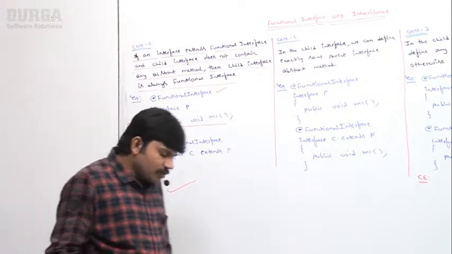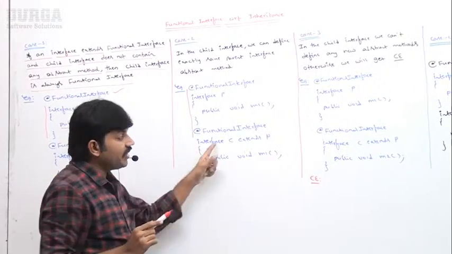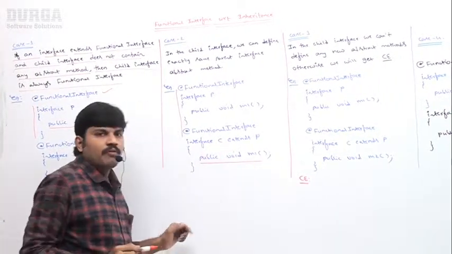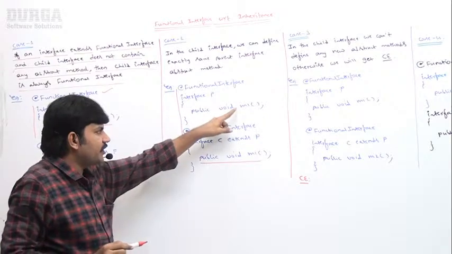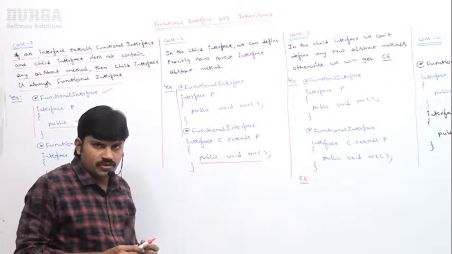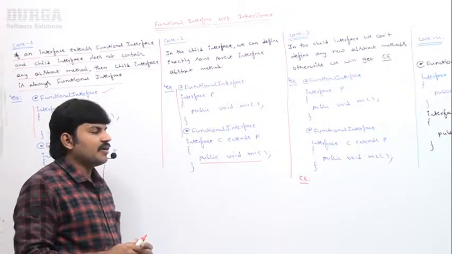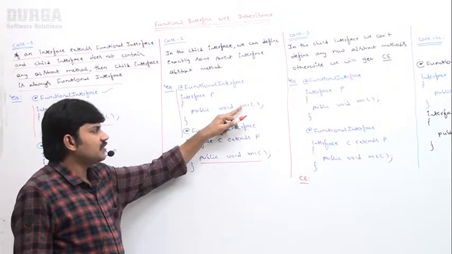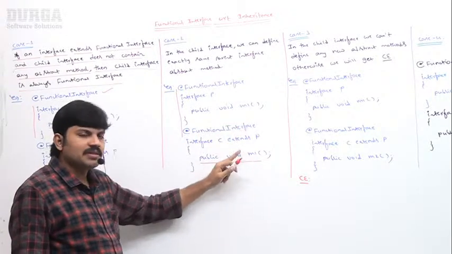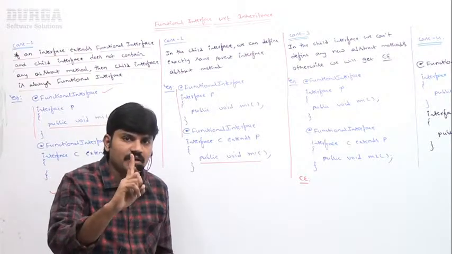Now let me go for case 2. Everything is the same, but in the child interface I declare public void m1. Whatever the parent interface contains, the same abstract method I declared in the child interface also. Can you tell how many abstract methods the child interface contains? Because it has the same signature, it is overriding. So the child interface also contains only one abstract method.